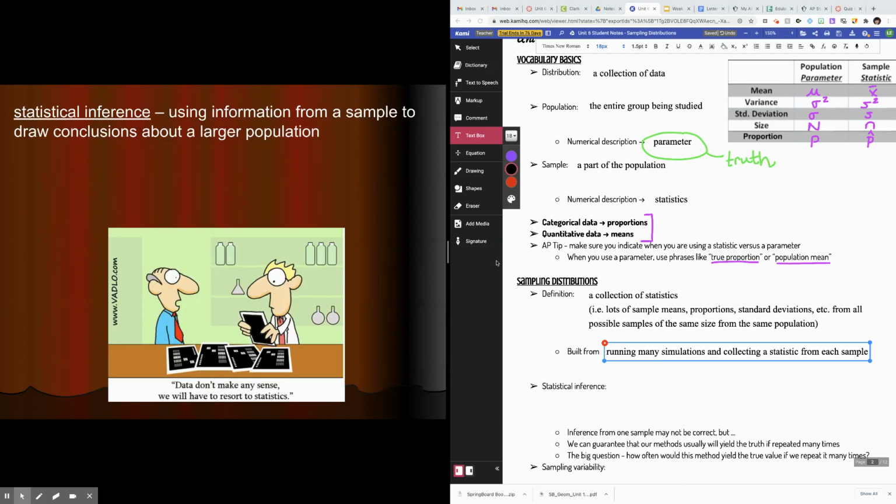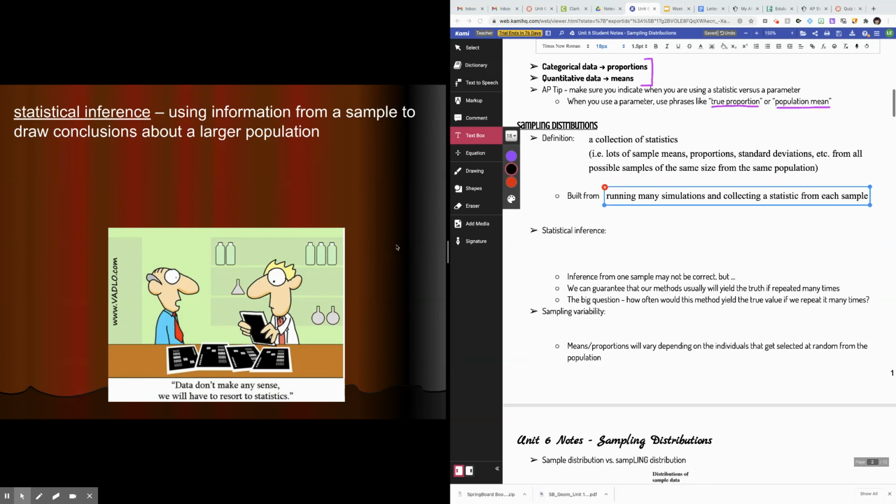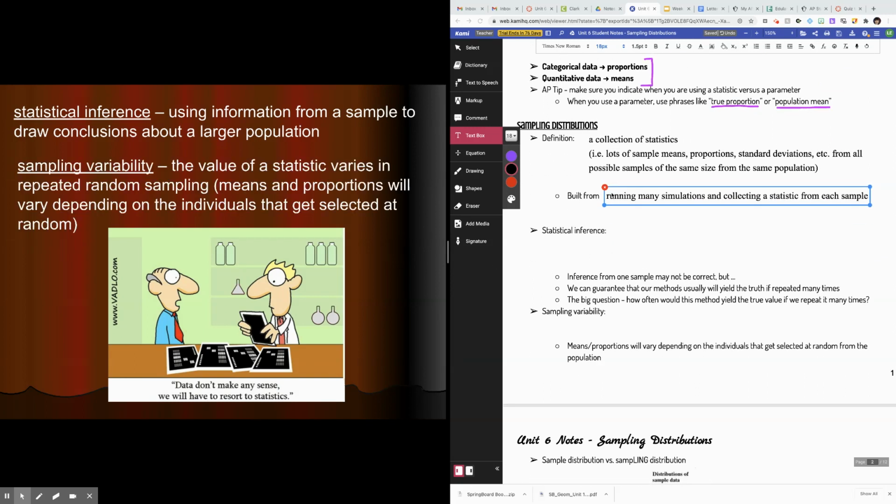Okay. A couple other really important terms to start us off with this idea of inference is this thing called statistical inference, which you probably don't realize that you've been using all year long. We just didn't really have a name for it yet.